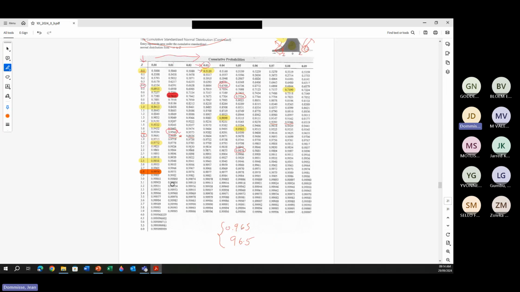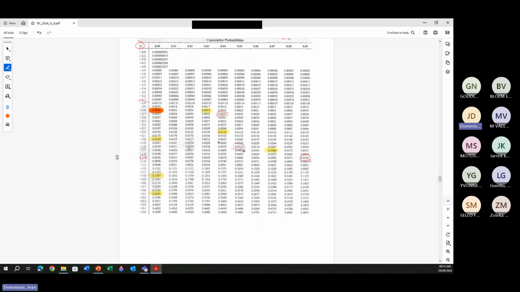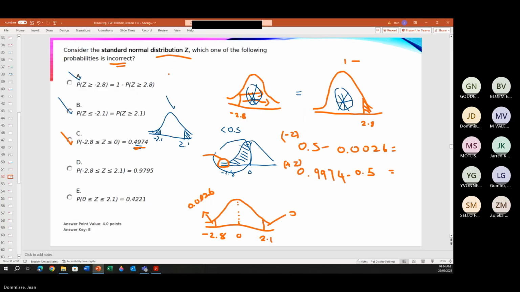So that minus 2.1, let's first get that. It is 0.0179. So if I want to get this area, I just say 1 minus those two.